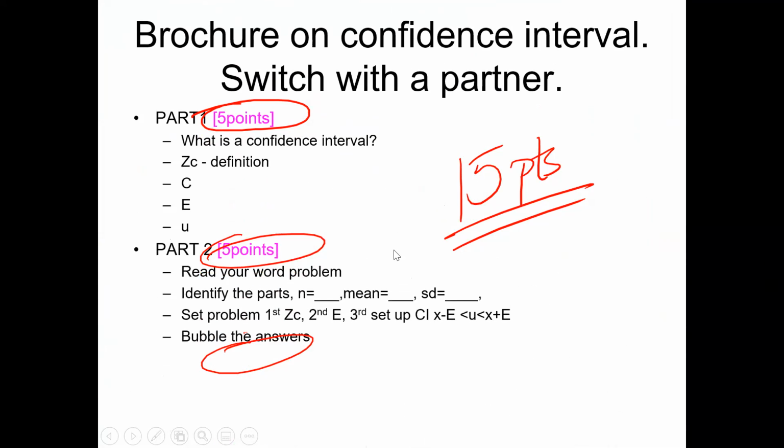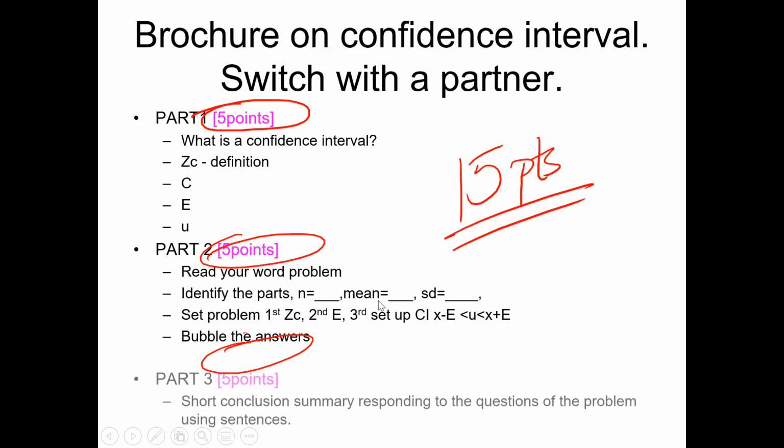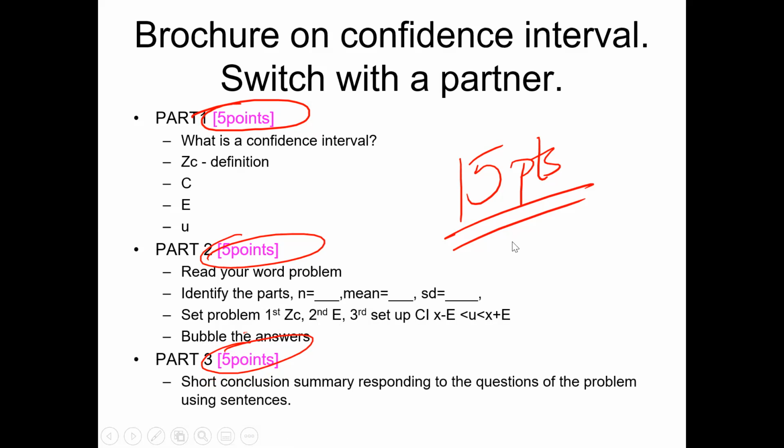If you completed part 2, which is read your word problem, identify the parts of the confidence interval for n, mean, standard deviation, setting up the problem for the Z, C, E, and then also the confidence interval with the inequality sign, you get 5 points. And lastly, if you provided a short conclusion as to what the summary of the brochure is and what you found from each of the 3 questions, your total is out of 15 points for the brochure for week 2 Monday.